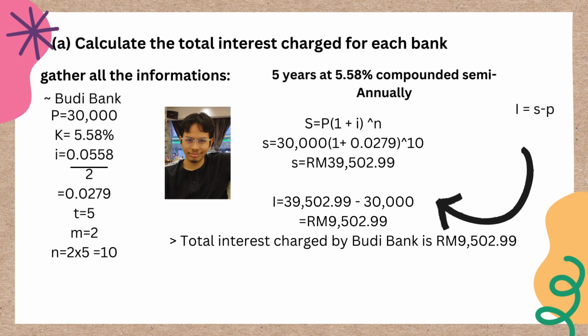To find the total interest charged by Budi Bank, we will use the formula I equal to S minus P. Put in all the information and lastly you will get the total interest charge. That is 9,502 ringgit and 99 cent.